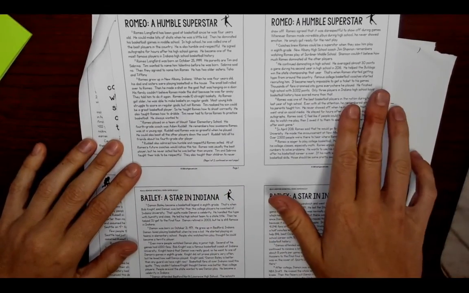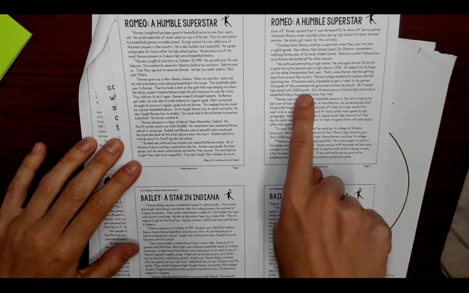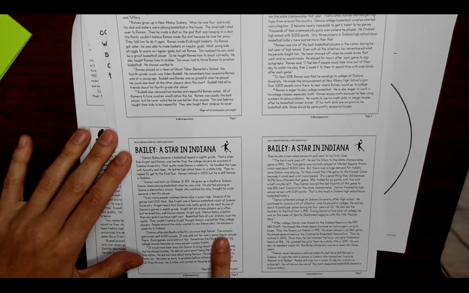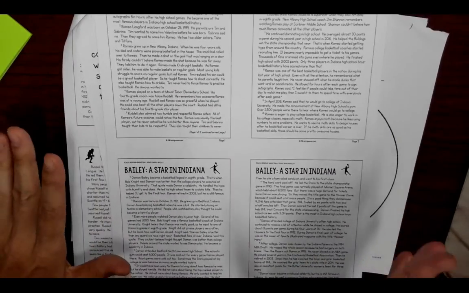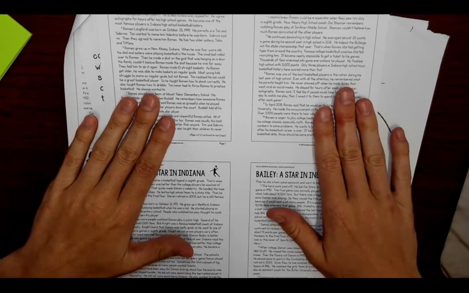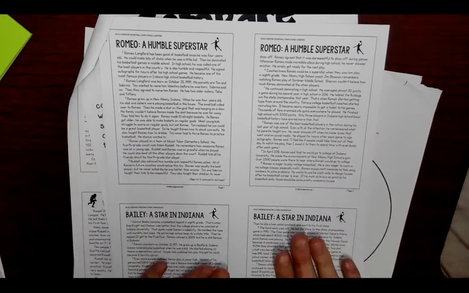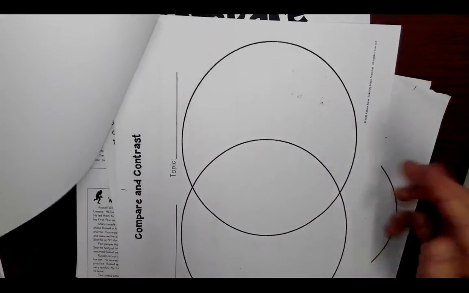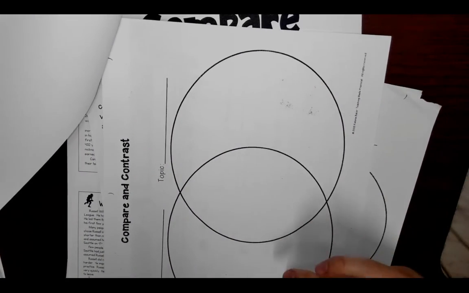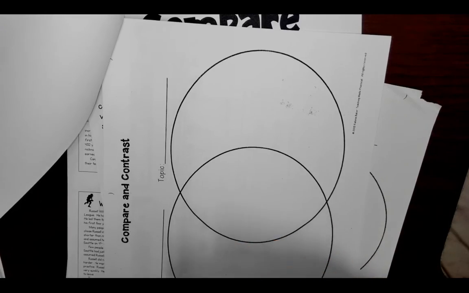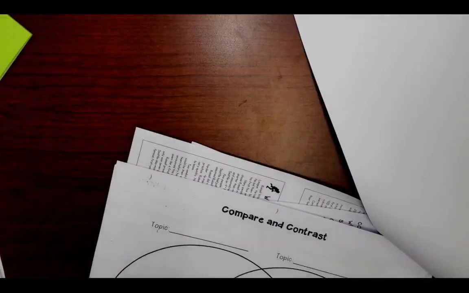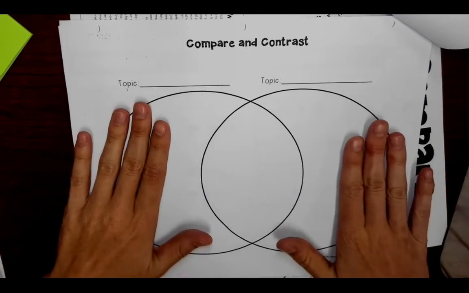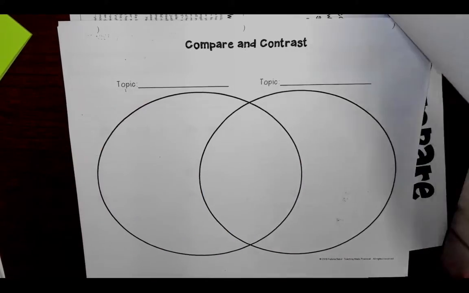Just like the two stories that we just read, these go together, and Bailey, A Star in Indiana goes together. So I encourage you to read both of these stories. And just like we did with Cam Newton and Russell Wilson, you have another graphic, another Venn diagram, and I want you to write the similarities and the differences between the two.